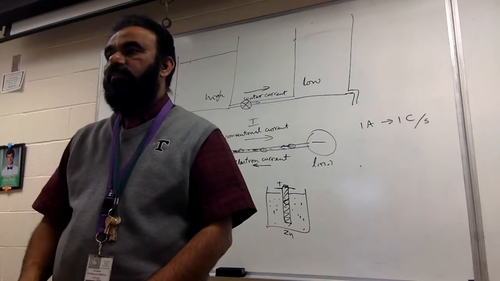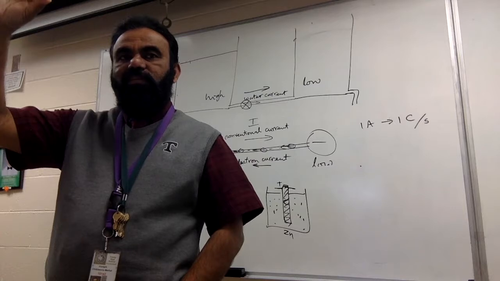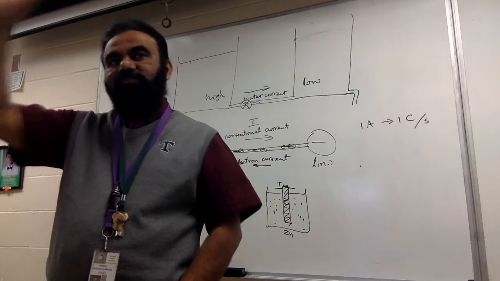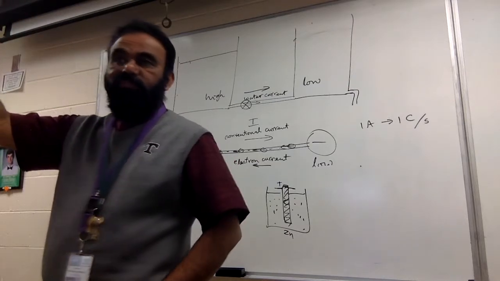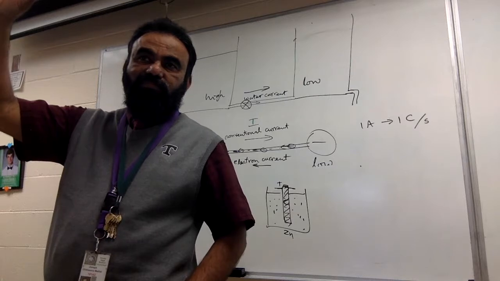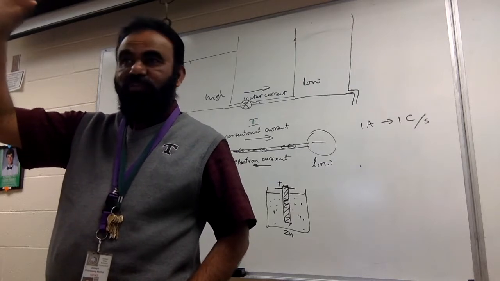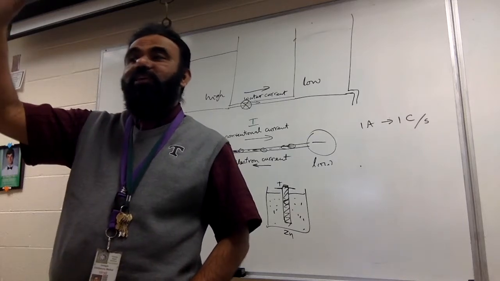Now if I hold it like this, is there a current flowing through my fingers? Yes. There is a current flowing through my fingers. Which direction? Tell me which finger to which finger.